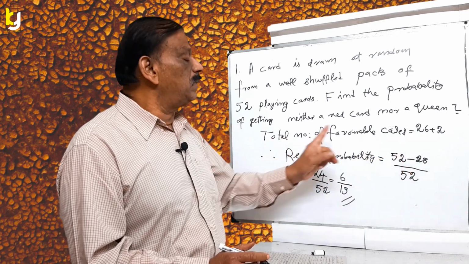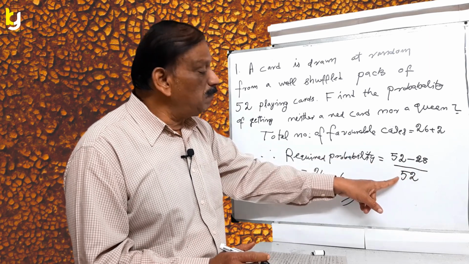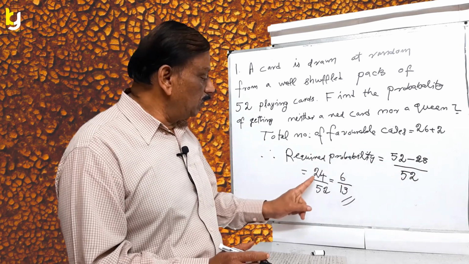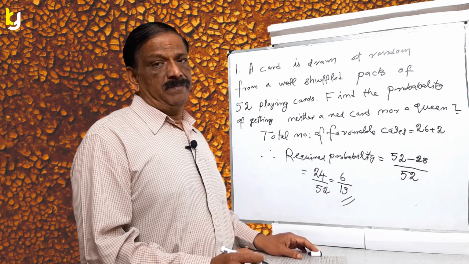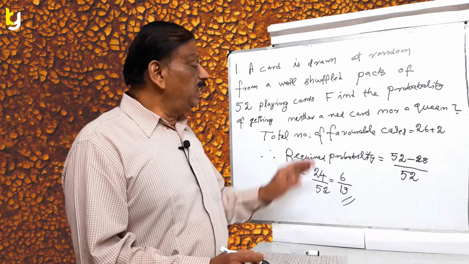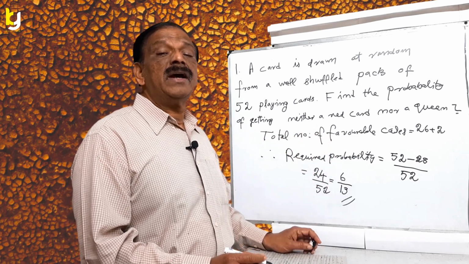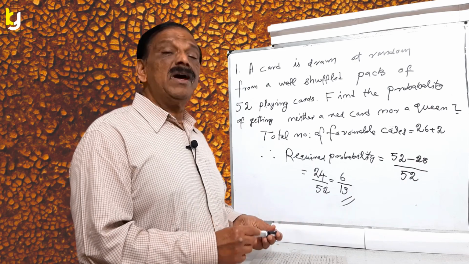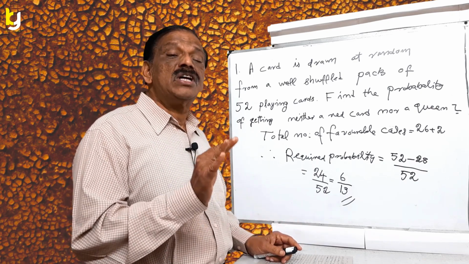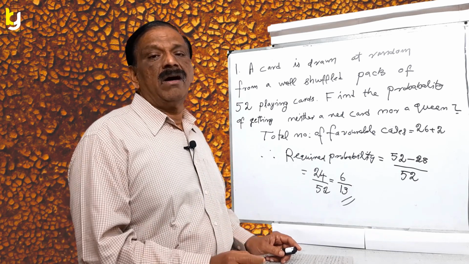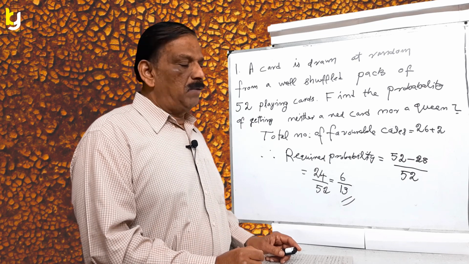Then the required probability will be 52 minus 28 divided by the total number of cards, that is 24 by 52, that is equal to 6 by 13. Clear? If you have any doubts, please comment in my comment box. I have already done formula videos also. You just attend those videos and study all the formulas by heart. Then you can easily solve all the problems.